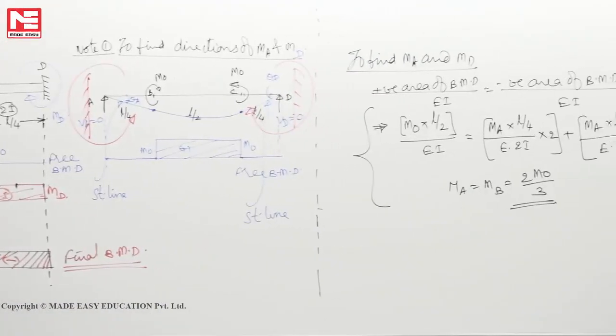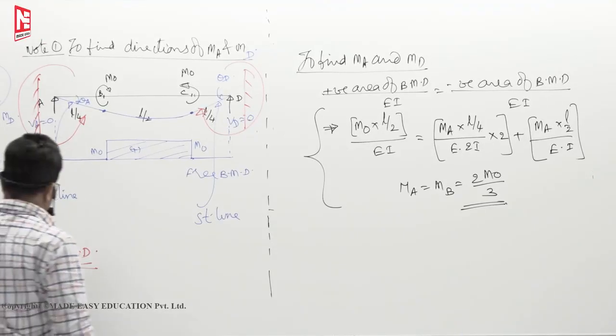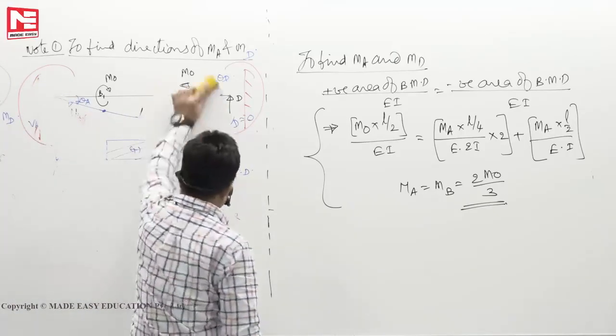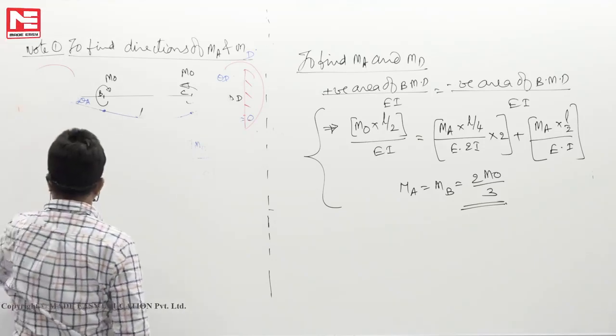Now, these are the 7 concepts or the fundamentals necessary for the moment distribution method. Now, on these 7 concepts, how will the numericals come? Let us see. The basis for MDM are these concepts only.